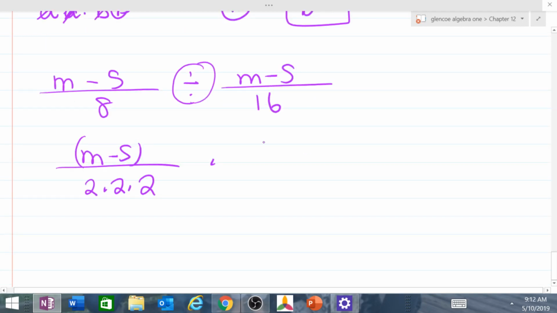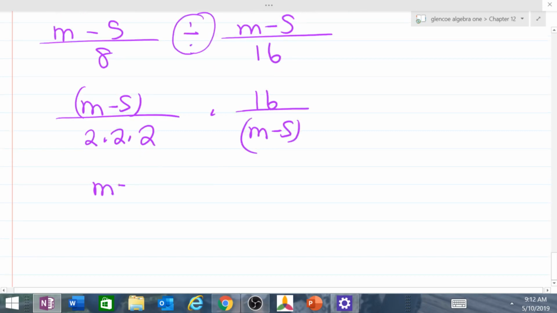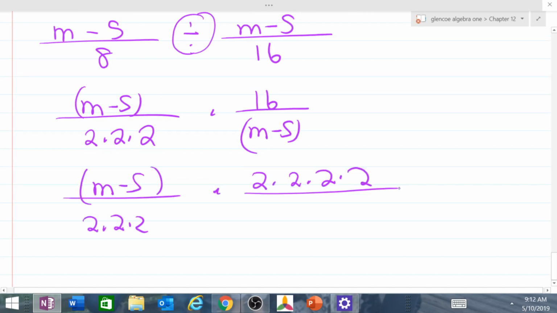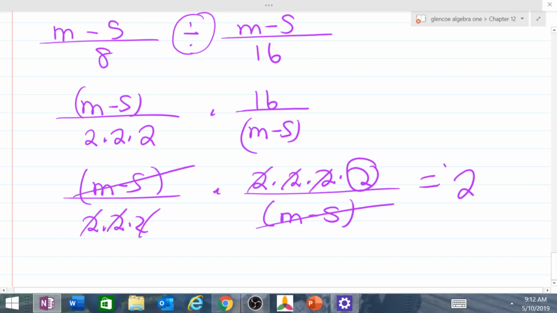Times 16 over m minus 5, which becomes m minus 5 over 2 times 2 times 2 times 16 prime factored is 2 times 2 times 2 times 2, all over m minus 5. The m minus 5's cancel, 3 2's cancel with 3 2's, and your answer is 2.